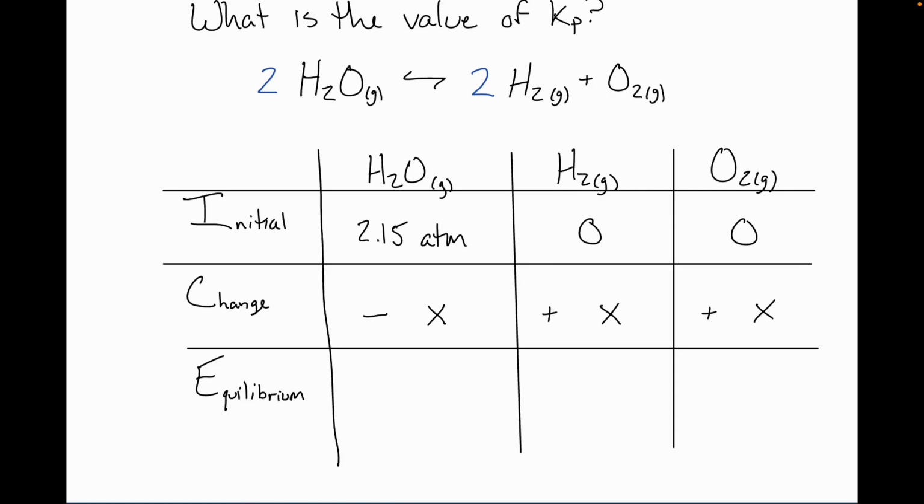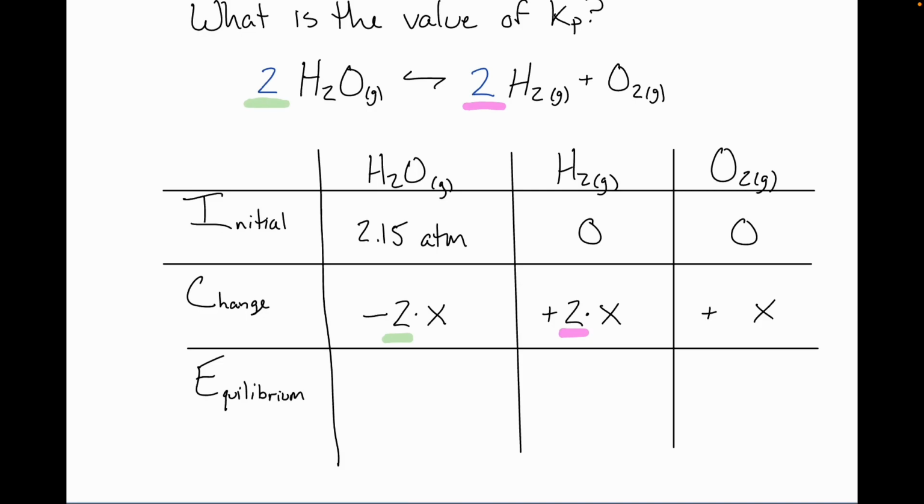The one thing that I need to make sure to include is these stoichiometric coefficients. Right? So for every quantity that decreases, it's going to be 2x for my reactant because of the 2 in my balanced chemical equation. And it's going to be increased by 2x for hydrogen gas because there's a 2 in that balanced chemical equation.